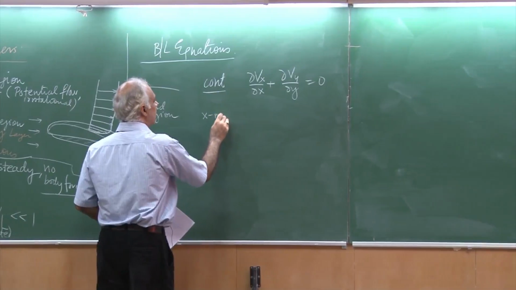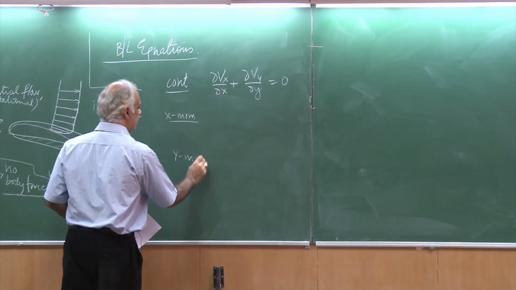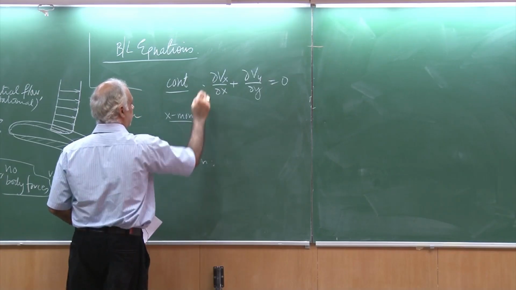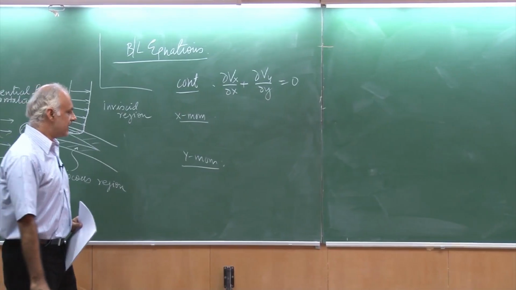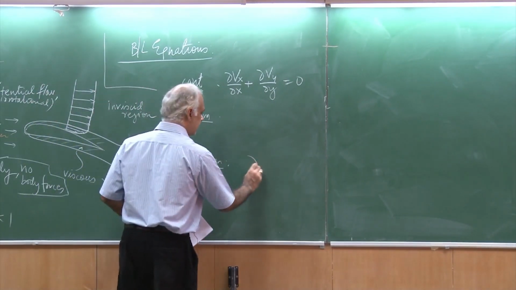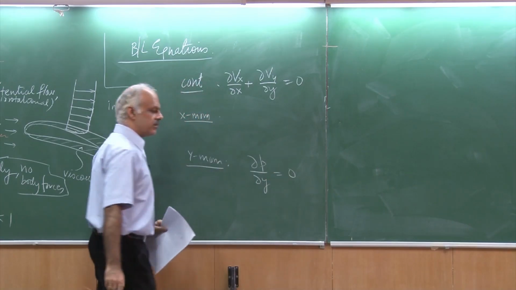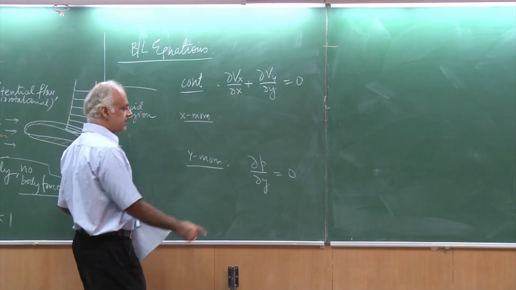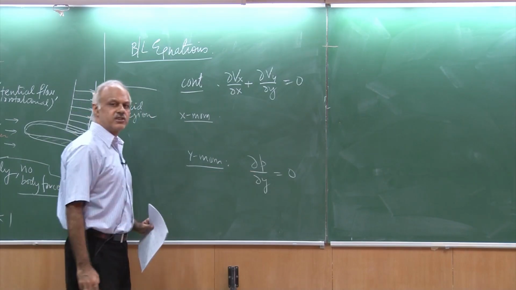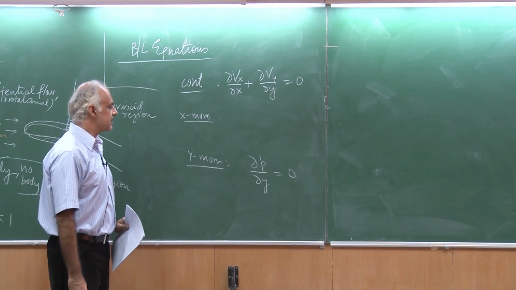Then I have the x momentum equation and the y momentum equation. Let me first write the y momentum equation because that's fairly simple. This we have seen tells us that del P by del y is 0 inside the boundary layer, which really implies that P is only a function of x. So I can replace del P by del x with dP by dx.